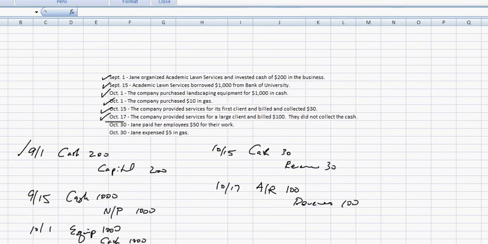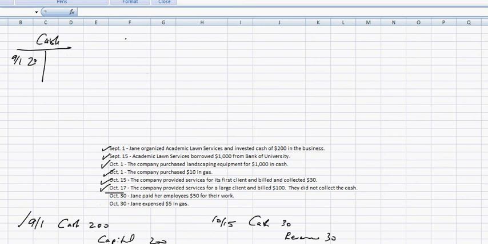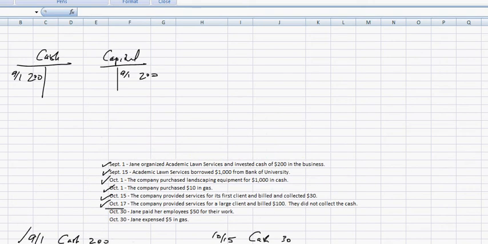On 9/15 we have cash of $1,000 and notes payable of $1,000. So on 9/15 we have cash of $1,000, and we have a new notes payable account of $1,000.